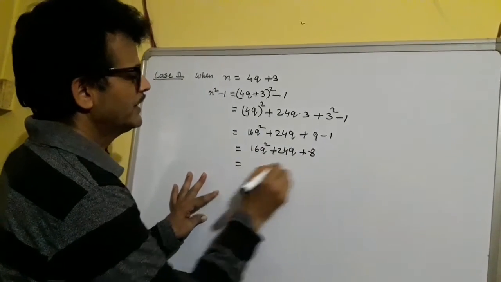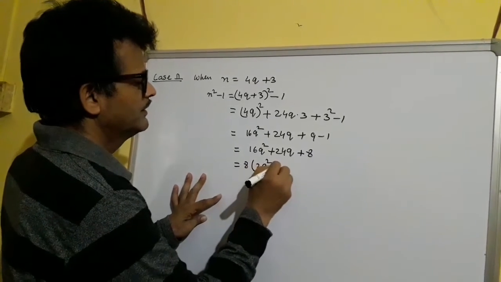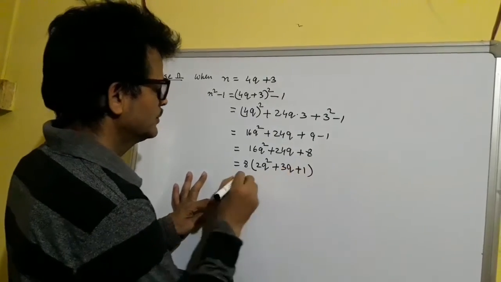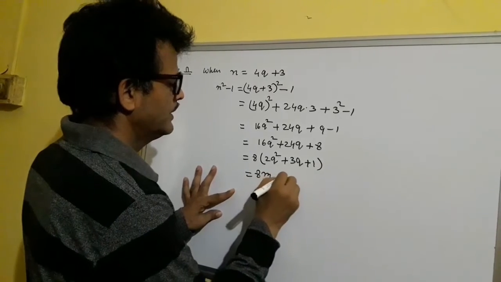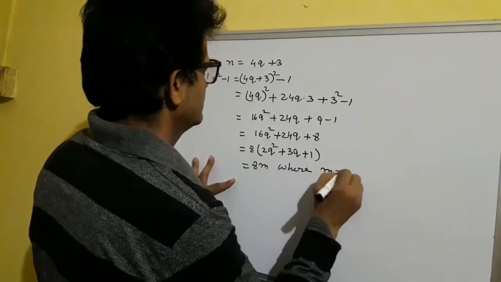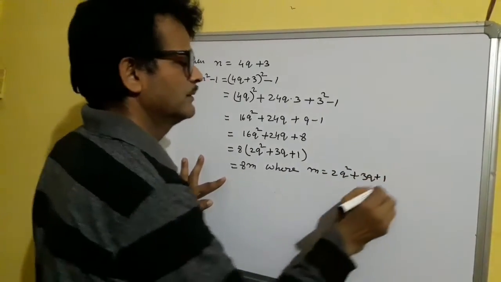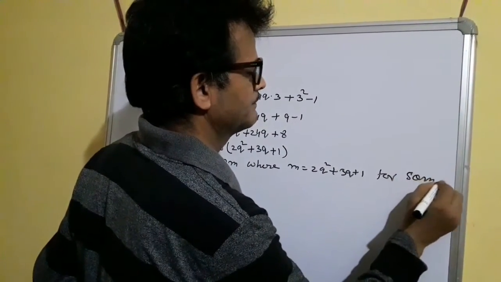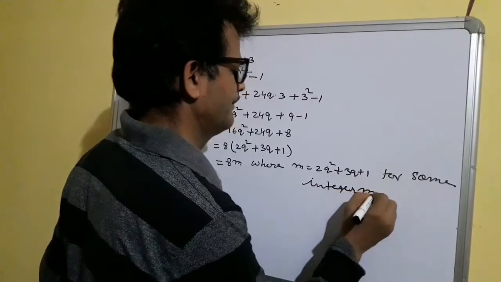So from all the three terms we take 8 common. Here left 2q square plus 3q plus 1. So this can be written in this form, again 8m, where m is equal to 2q square plus 3q plus 1, for some integer m.